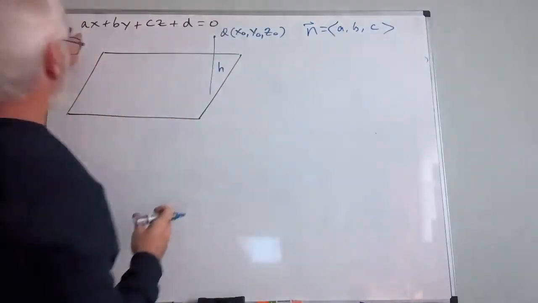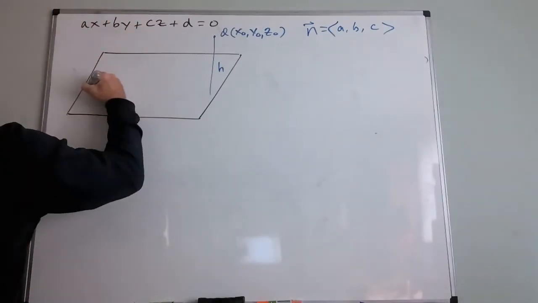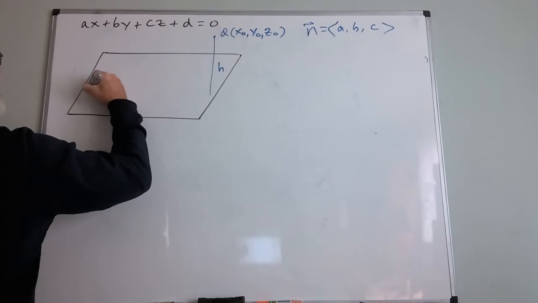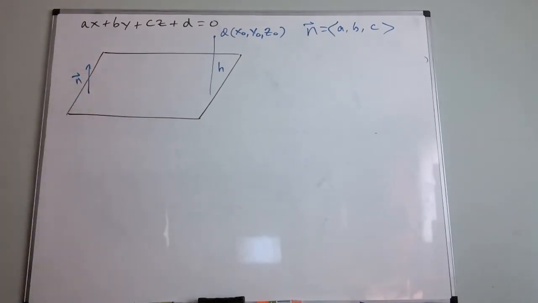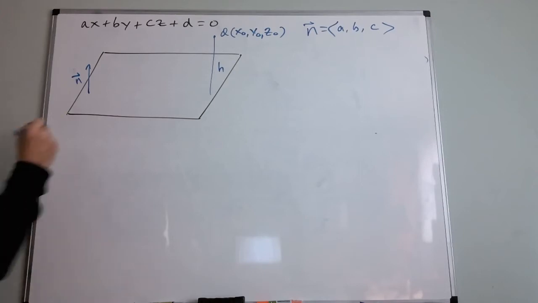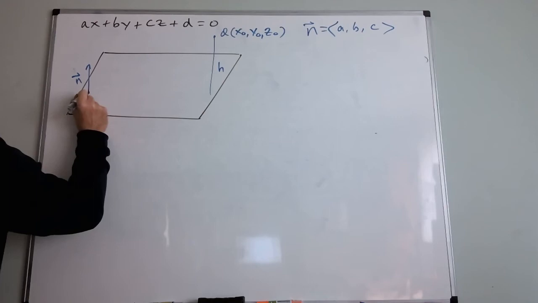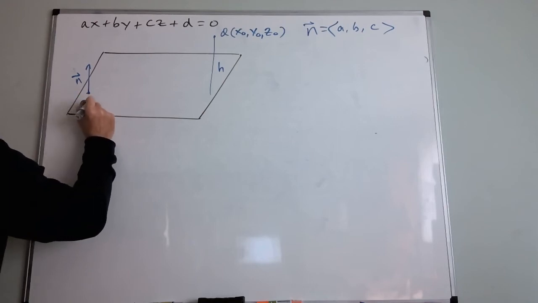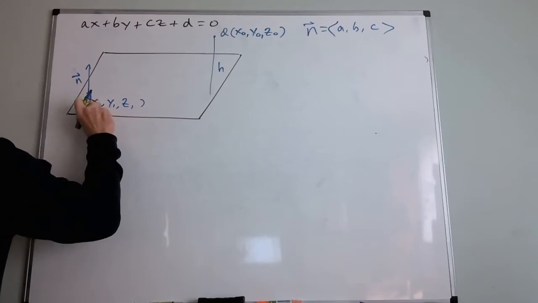How do I know that? Because that's how we got this equation. So let's say right there, there's my N. And let's say here's a point, for lack of a better name, let's call this point P. And let's say P is X1, Y1, Z1.